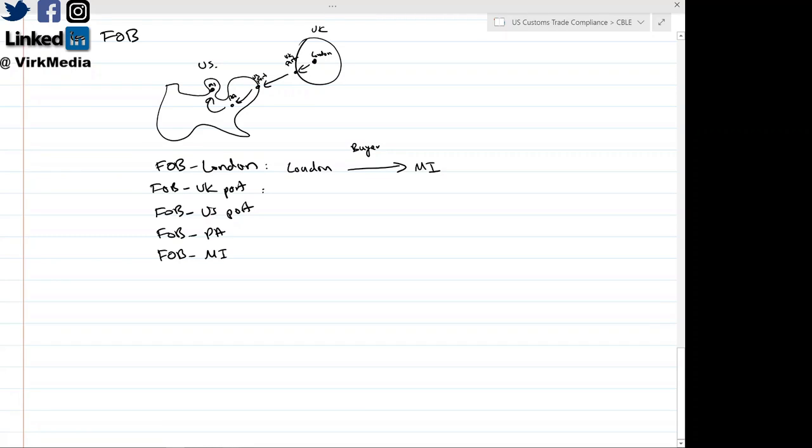What does FOB UK port mean? What this means is the seller is responsible to take it from London to the UK port, and then from there on, it's the buyer that's responsible.